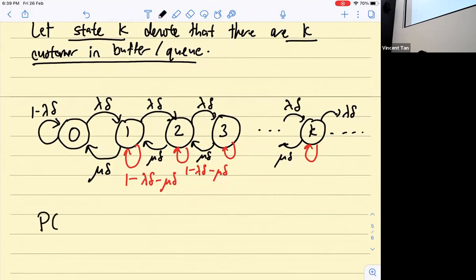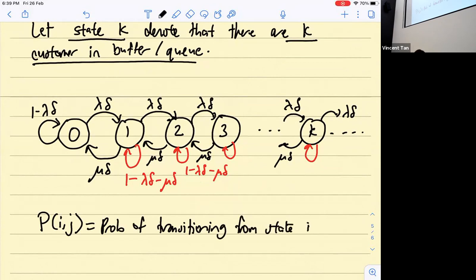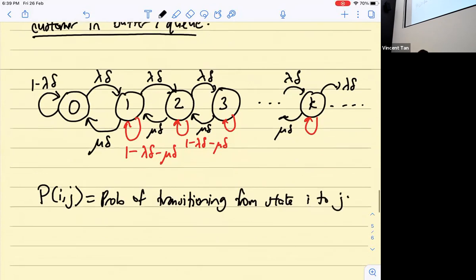So let us denote Pij as the probability of transitioning from state i to state j. Here i and j can take values in the natural numbers union 0, so all non-negative integers.